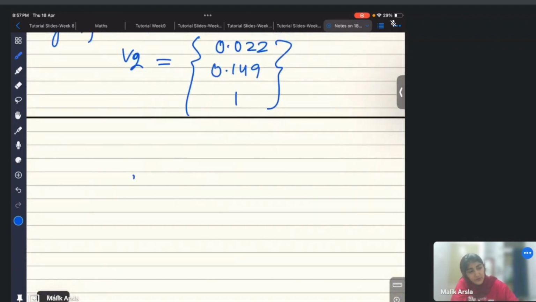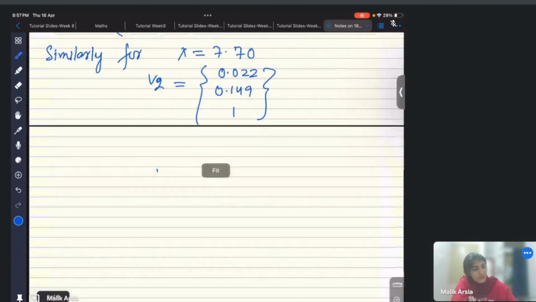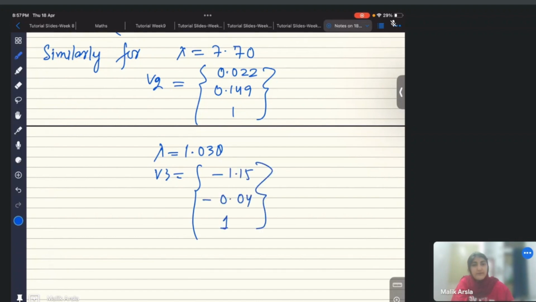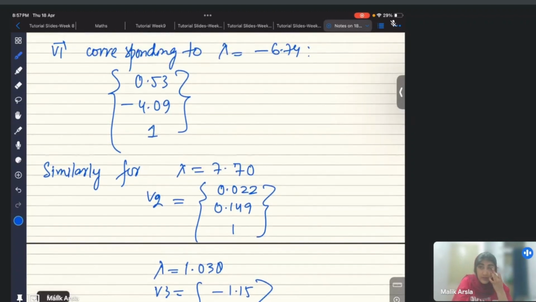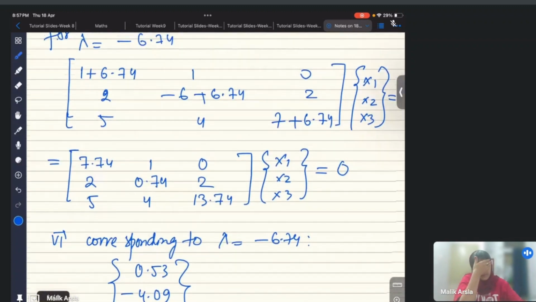And for lambda equal to 1.038, we have v3 equal to minus 1.15, minus 0.04 and 1. So you can try it on your own to find these vectors and see if you're getting the same.